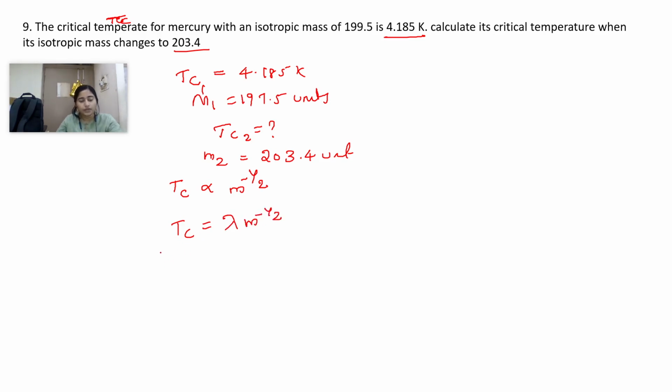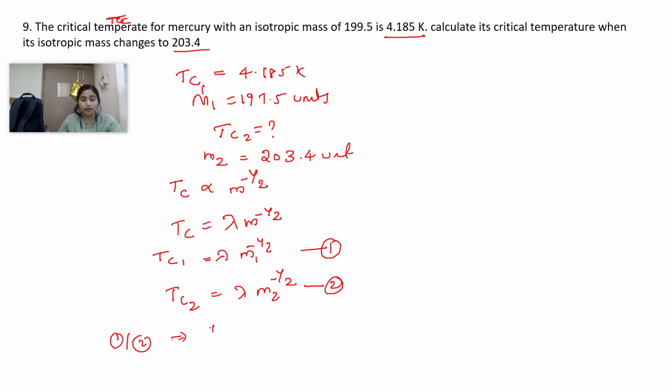Now we can write two equations. Tc1 is equal to lambda, the constant will be the same, times m1 to the power minus half. Similarly, Tc2 is equal to lambda times m2 to the power minus half. Let us name these equation 1 and equation 2. Now you do equation 1 divided by equation 2. You will get Tc1 divided by Tc2 is equal to m1 divided by m2 whole to the power minus 1 over 2.